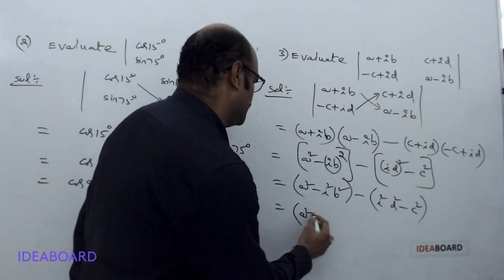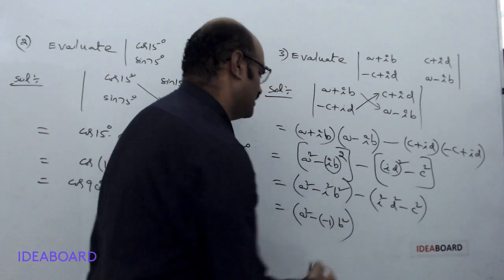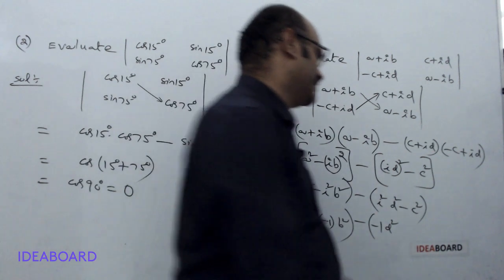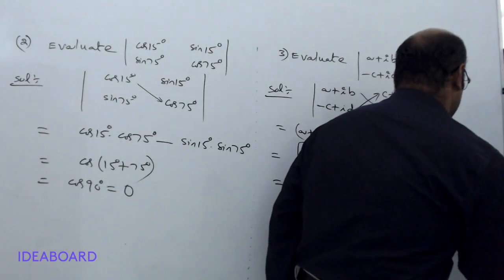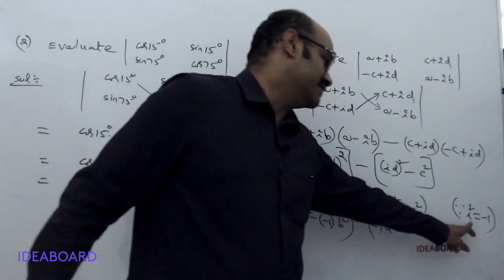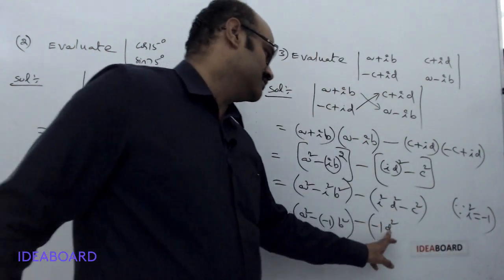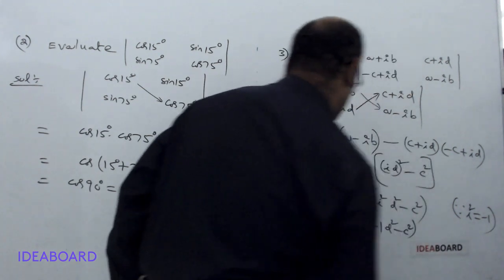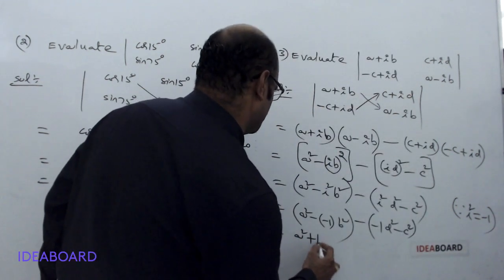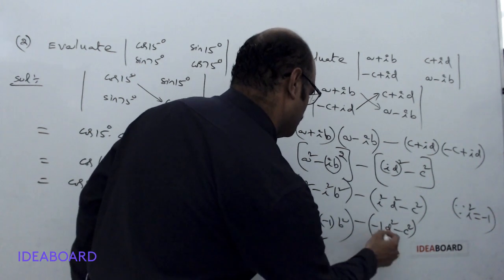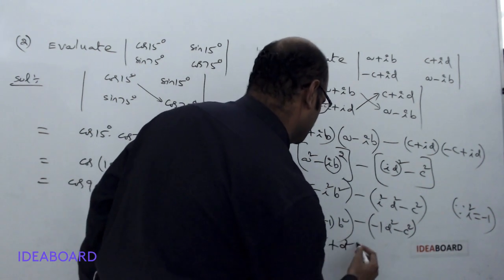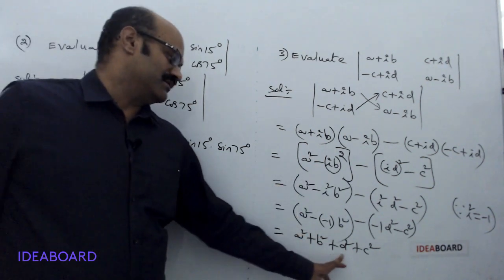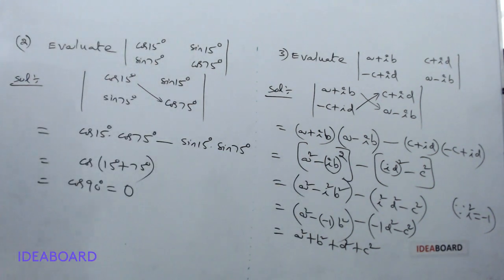So equal to a square minus of minus 1 into b square, minus 1 into, we know that i square equal to minus 1. In complex numbers we have i square equal to minus 1. It's a property. So minus d square minus c square equal to a square plus b square, minus into minus, plus d square plus c square, which is equal to a square plus b square plus c square plus d square. Hence we got it.